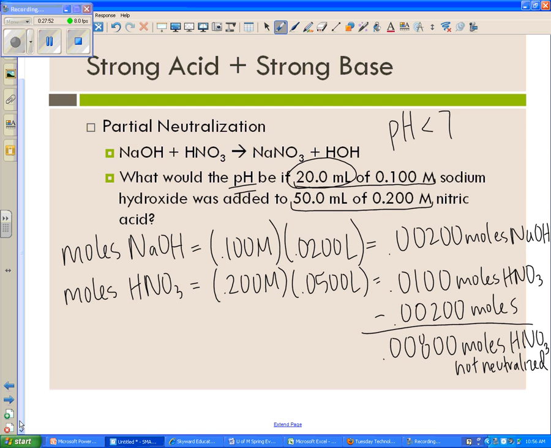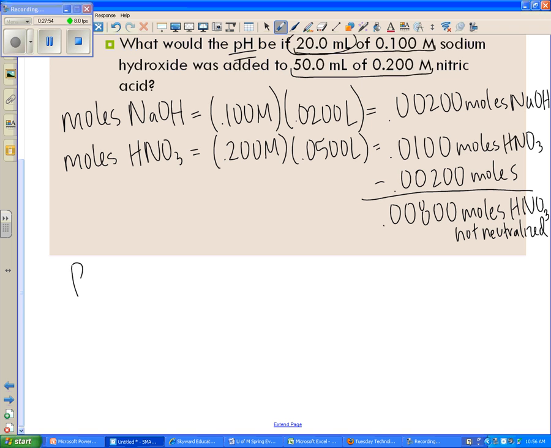If we need to calculate pH, how do we do that? Negative log of the hydrogen ion or hydronium ion concentration. And what is true about the hydronium ion concentration if we have a strong acid like we have in this particular problem?